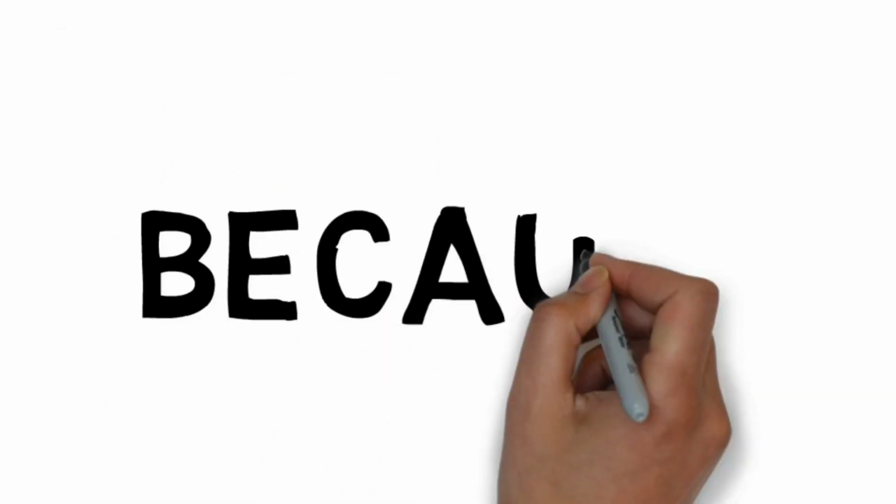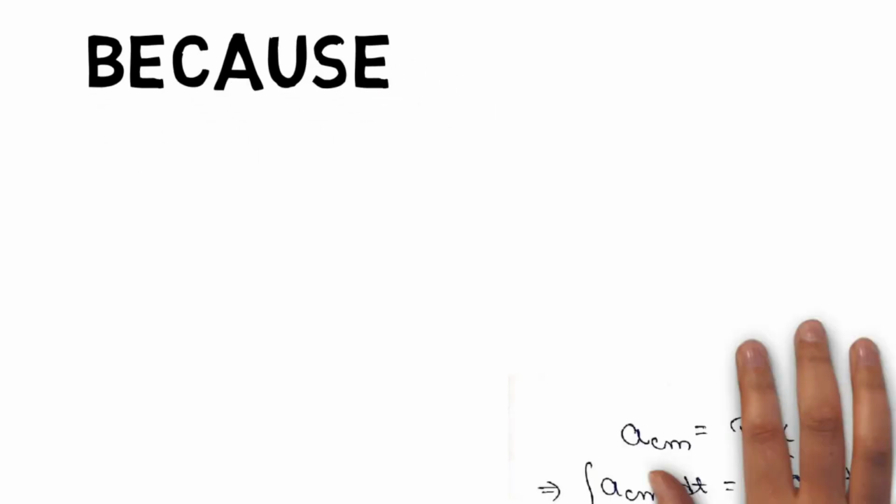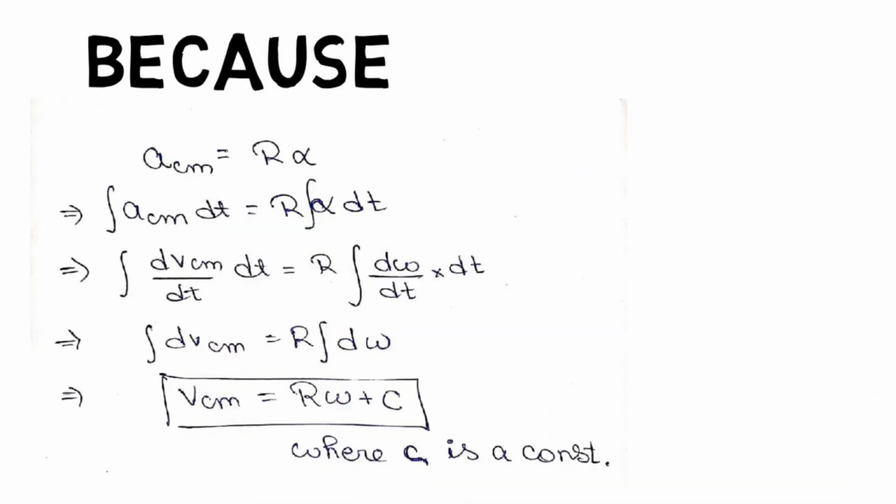because if we integrate the final equation we got, ACM equals r alpha, on both sides, we get integral of ACM dt equals integral of r alpha dt. Here again the r comes out, and we get integral of dVCM equals r integral of d omega. So in the final equation we get VCM equals r omega plus c.